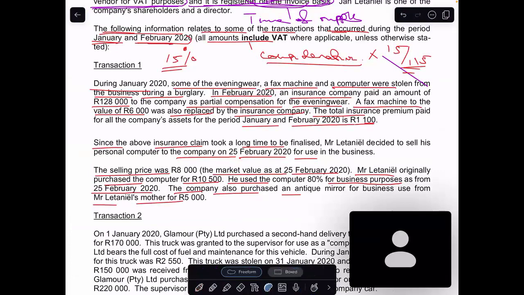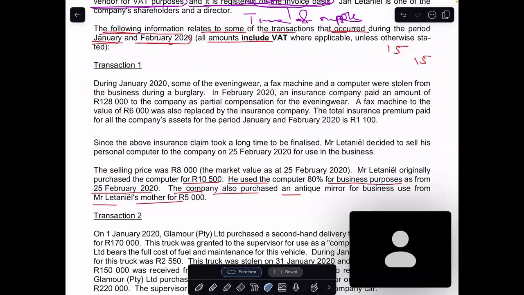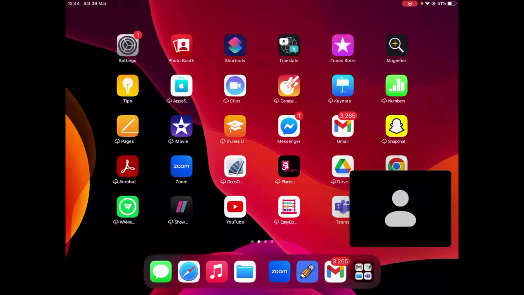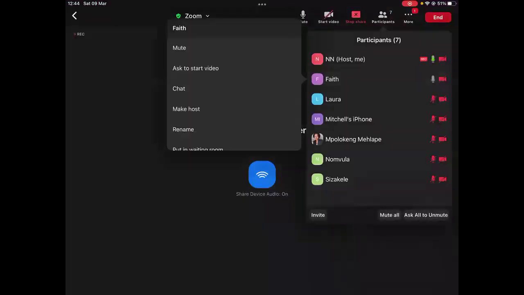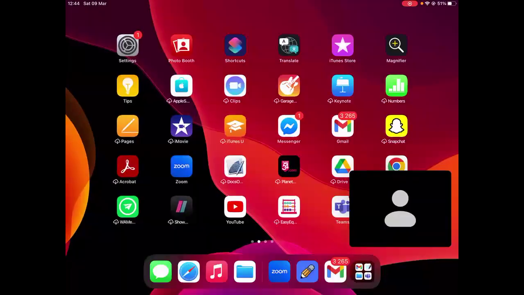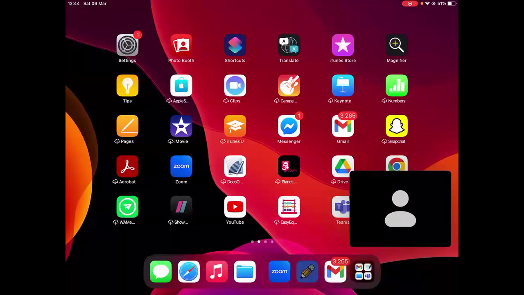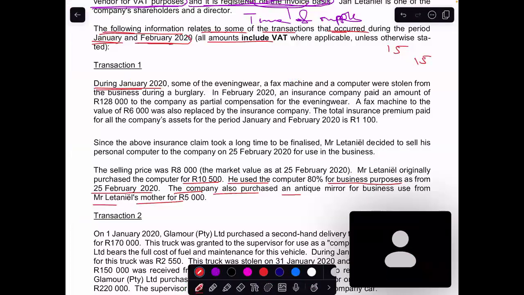Right, they are saying during January 2020, some of the evening wear, a fax machine, and a computer were stolen from the business during a burglary.